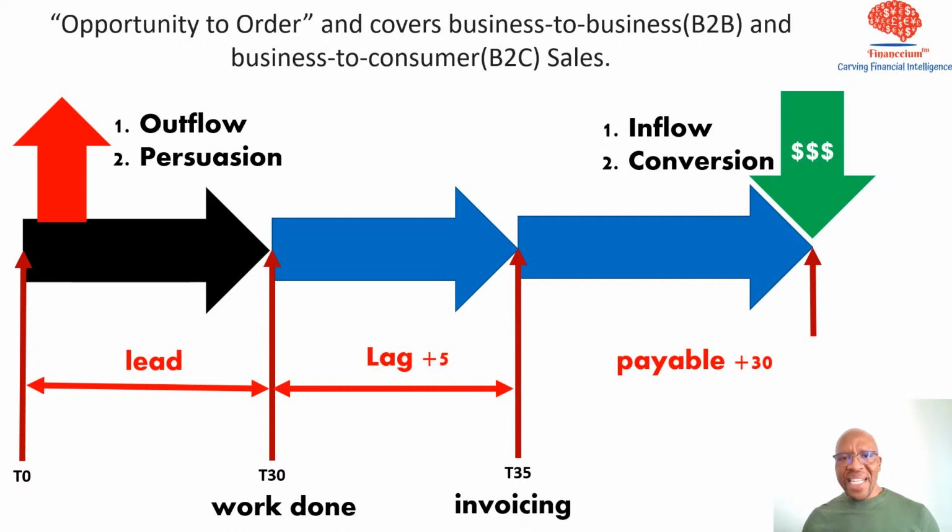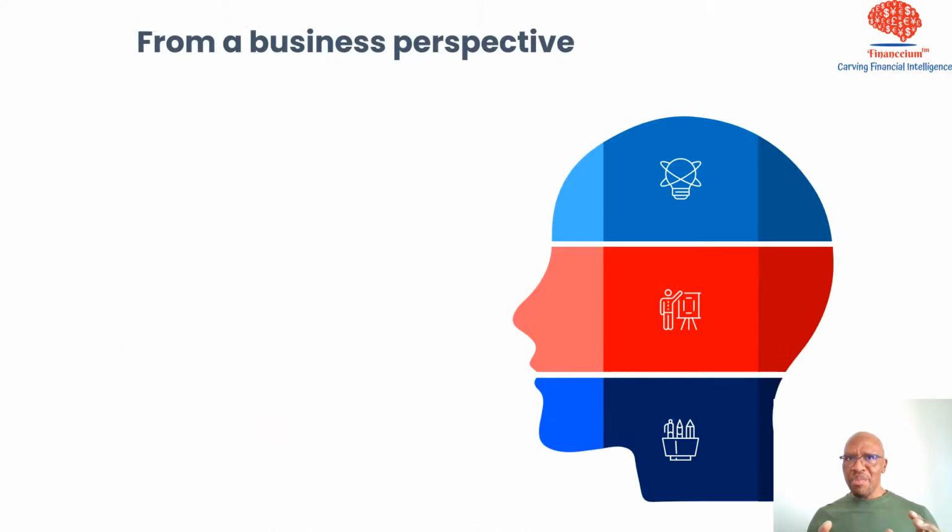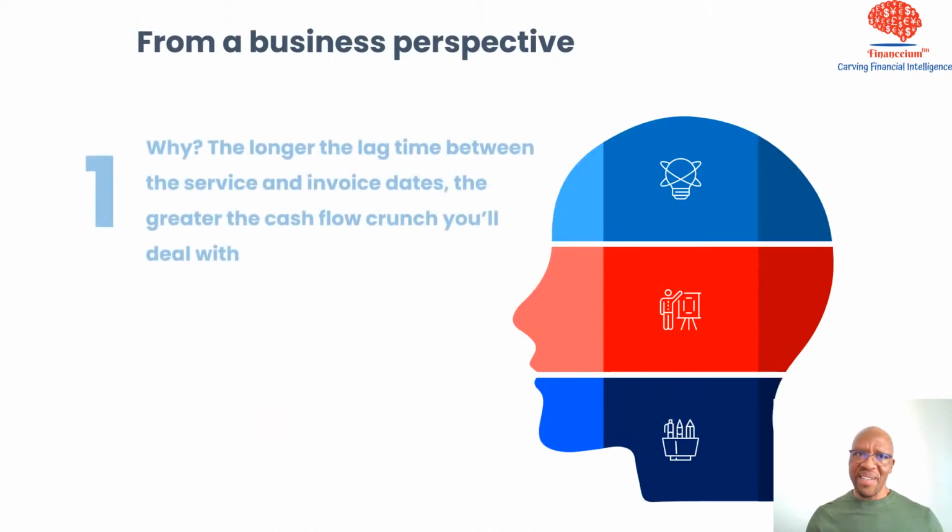If invoicing is not happening immediately after rendering the service, we've added another 5 days towards receiving the payment. And finally, by the time we receive the payment, if our receivables appetite is 30 days, it's some 65 days later.